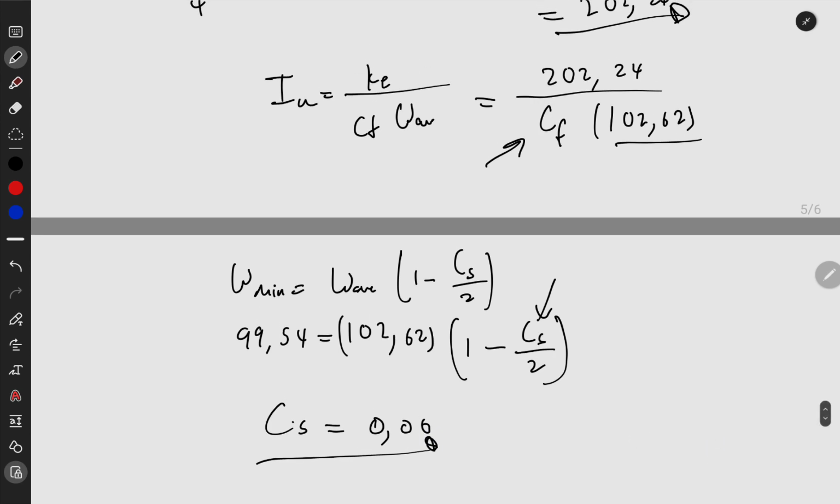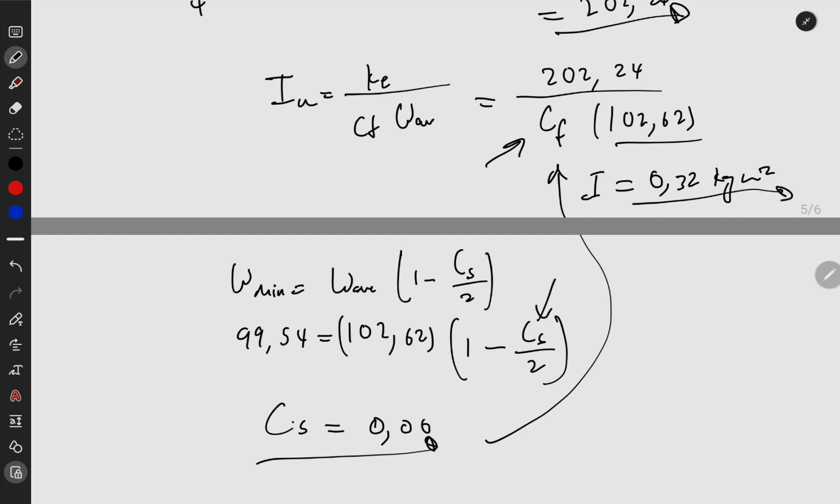With it, you come back and plug it here. After plugging here, you now get your I, and your I will look like 0.32. Remember the units, it's kg m squared.